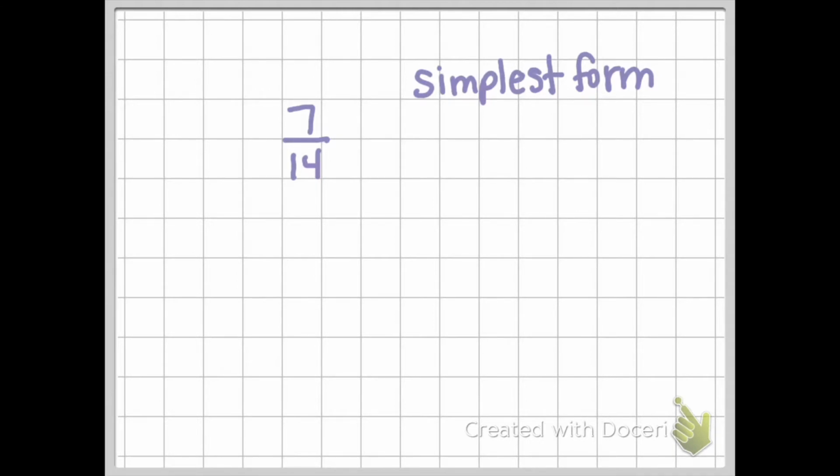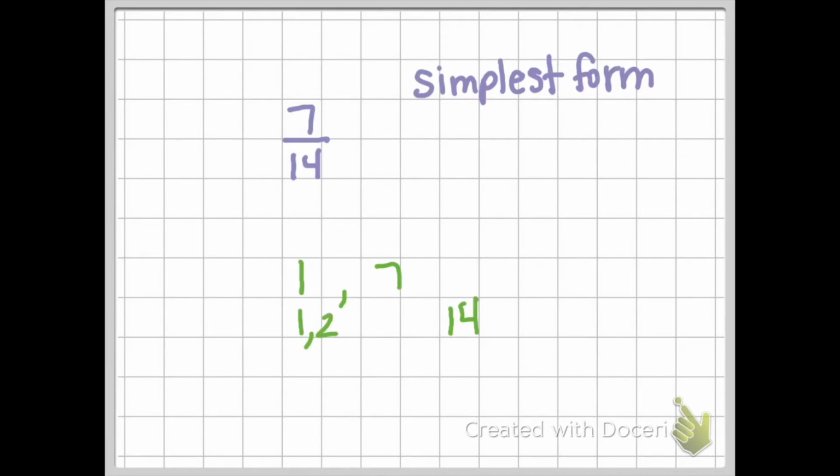So I'm going to look at my multiples, or factors, of 7. 1 times 7 is 7. 2 cannot be divided into 7. 3, 4, 5, or 6 can't be divided into 7. So there's pretty much only 1 and 7. Looking at the numbers of 14, well, I can divide 14 by 1.